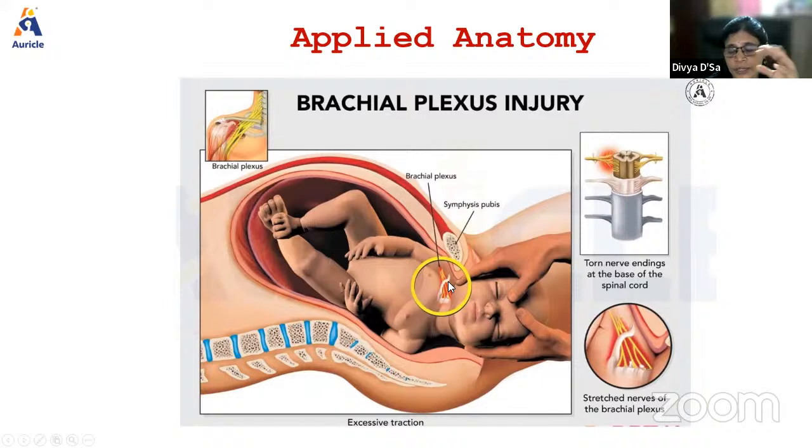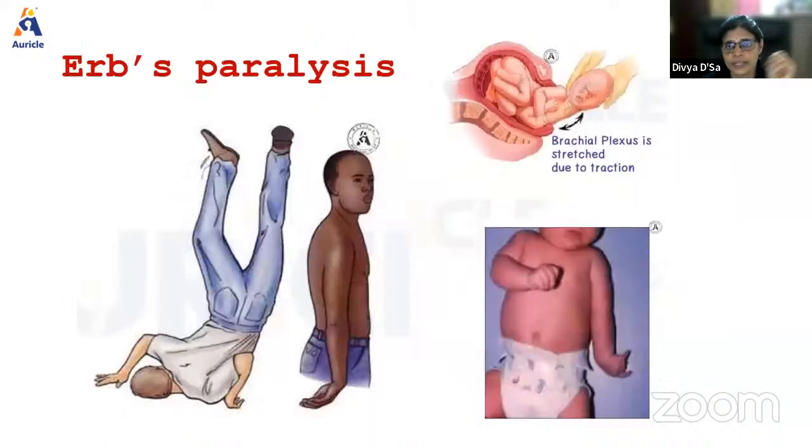The trunks are dividing into divisions, and at Erb's point 6 nerves are meeting. So there is traction there, and because of that traction there is injury to the nerves. That leads to what we call Erb's palsy.